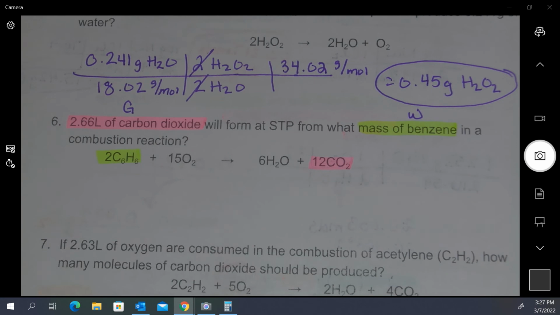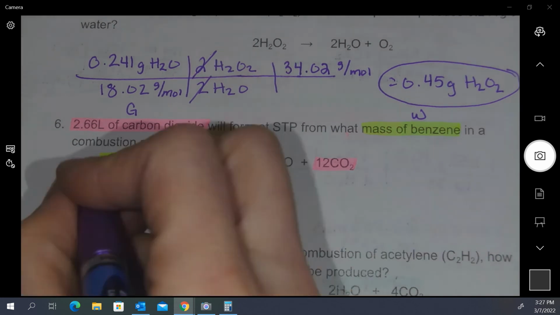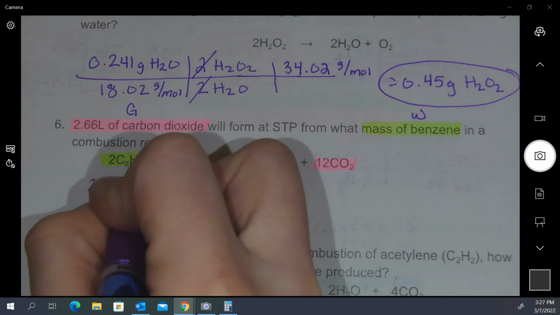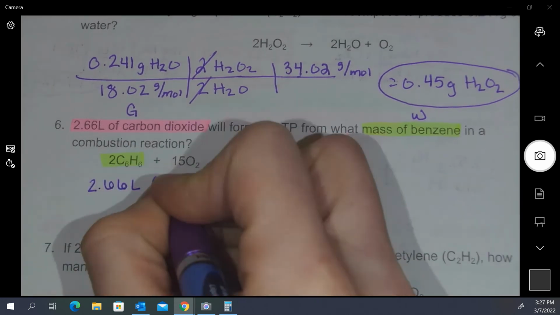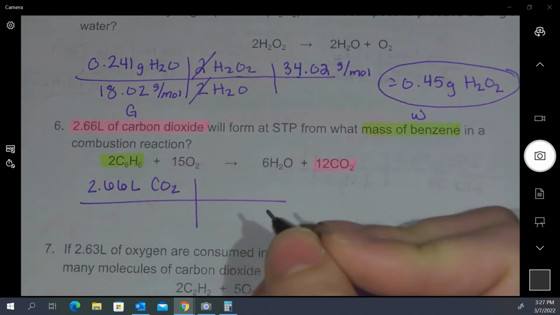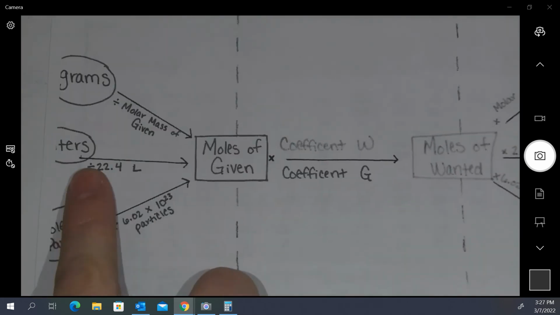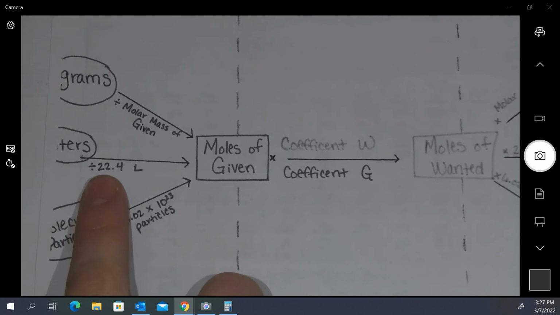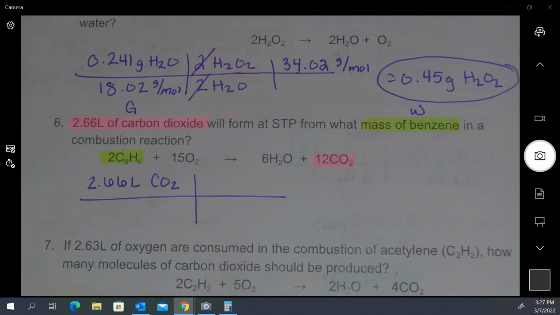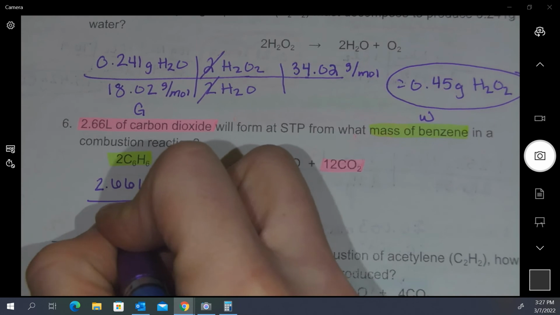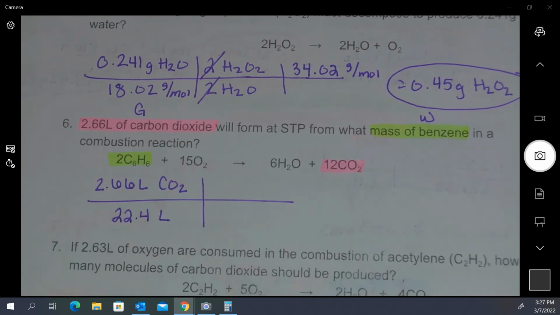All right, 2.66, that's my given. Where does that go in my train tracks? Top left. Very good. So 2.66 liters goes in the top left. We're given liters. What goes underneath liters in our flow chart? 22.4 is correct. 22.4 liters.